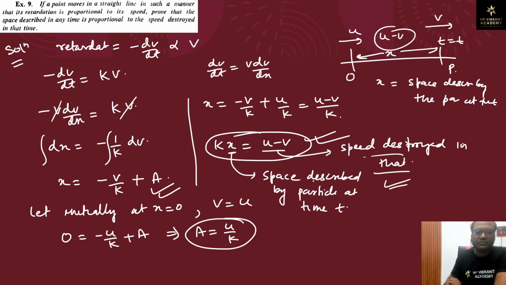Okay, चलो उसके बाद question number 10. Prove that if a point moves with a velocity varying as any power n, not less than unity, of its distance from a fixed point which it is approaching, it will never reach that point.